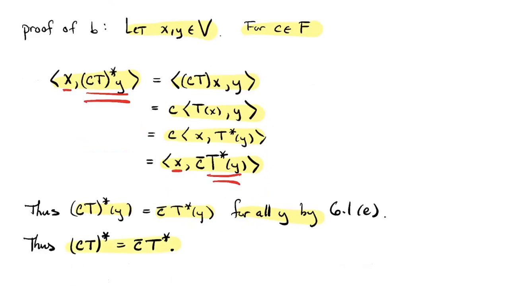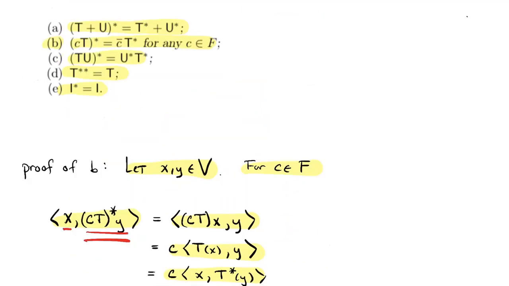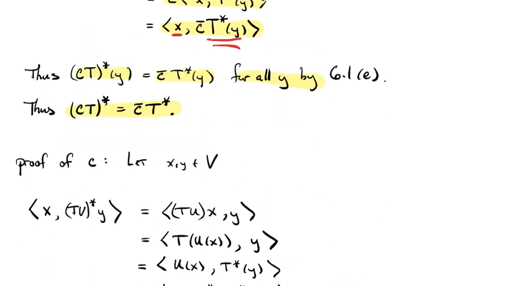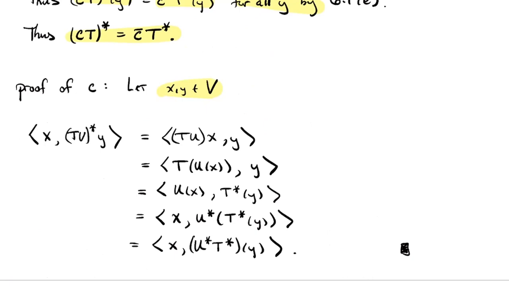All right, I'm also going to prove part C. Let's look at it real quick here, that (TU) star is U star T star. So I'm going to do it the exact same way. I'm going to pick a couple of vectors and look at the inner product of (TU) star of X with Y. Bring the function across the comma, which ditches the star.